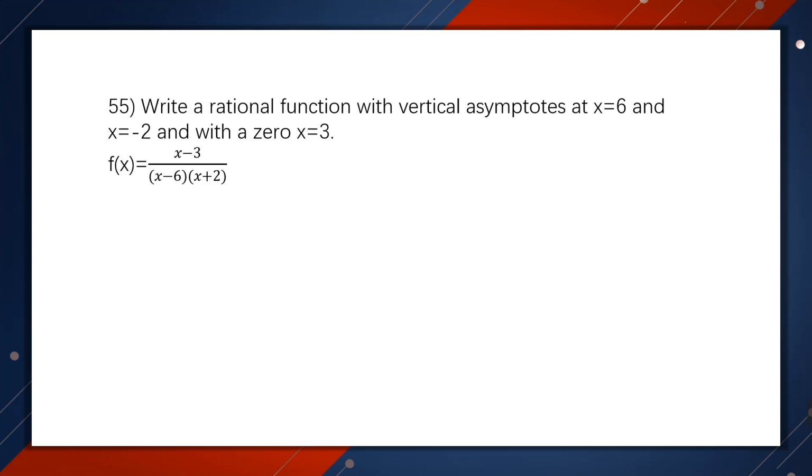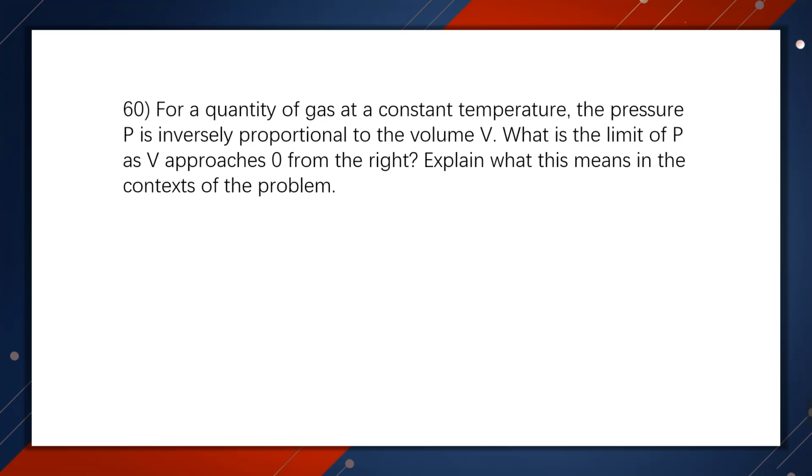So the denominator is x minus 6 times x plus 2. If the function also has the zero at x equals 3, we should place the factor x minus 3 in the numerator. So this is our final function for this question.